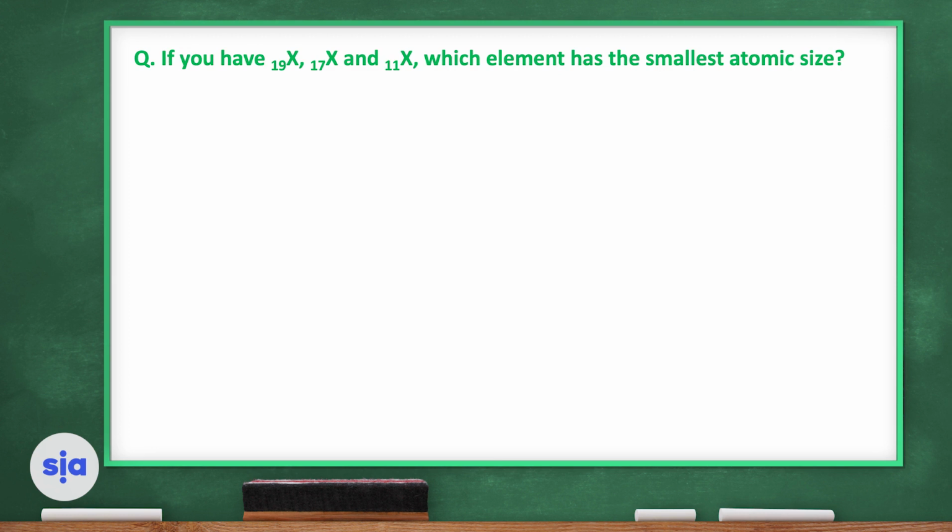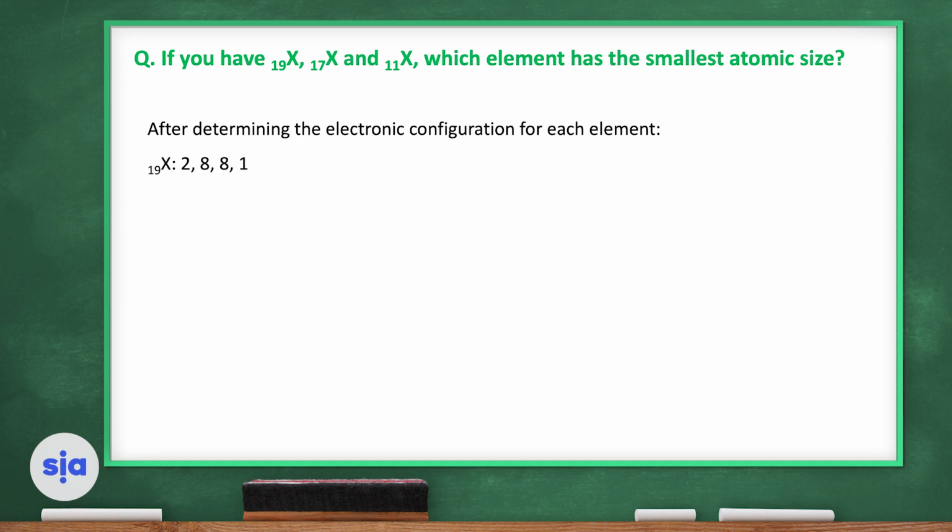Next question. If you have these 3 elements, one with 19, one with 17, and one with 11, which element has the smallest atomic size? First of all, we have to determine the electronic configuration. Here are the 3 electronic configurations. Look at the electronic configuration and tell me.